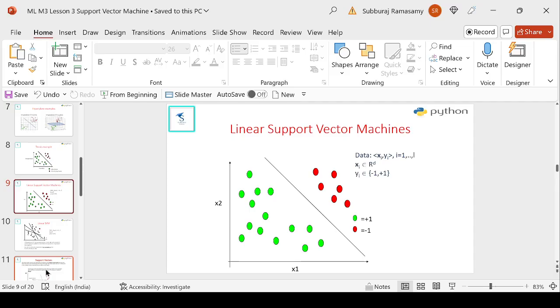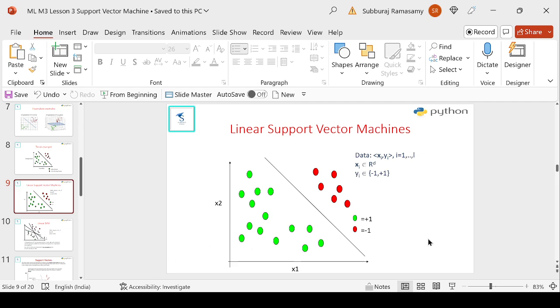So we are first interested in looking at linear support vector machines, which we have already seen. The two independent variables and a hyperplane split the response variable into two halves. Okay, yi is minus 1 and plus 1. This is minus 1, this is plus 1.